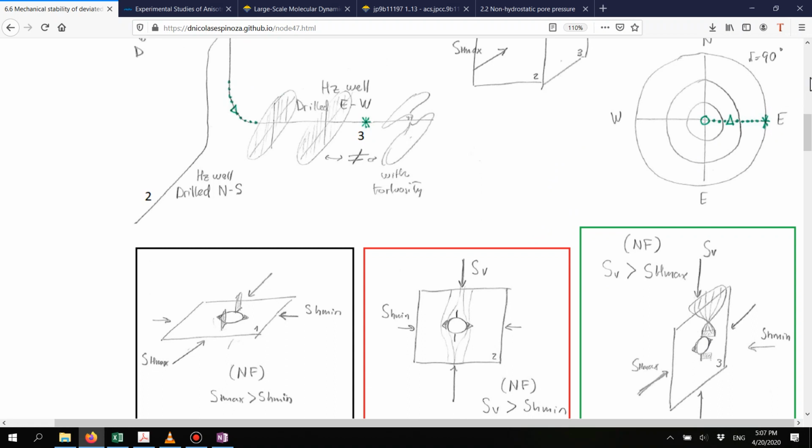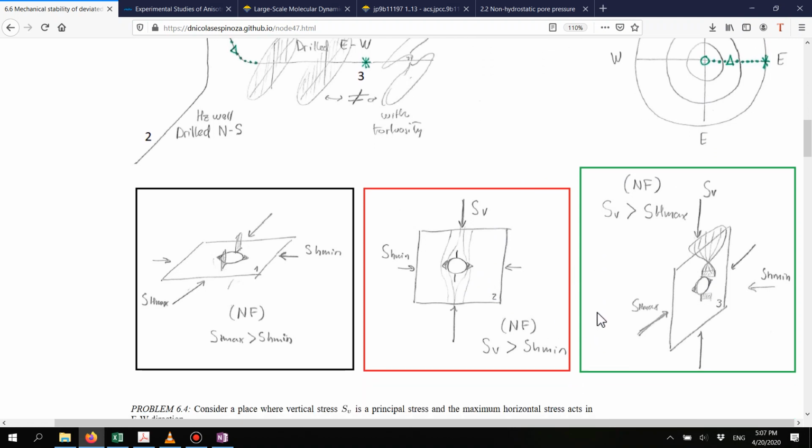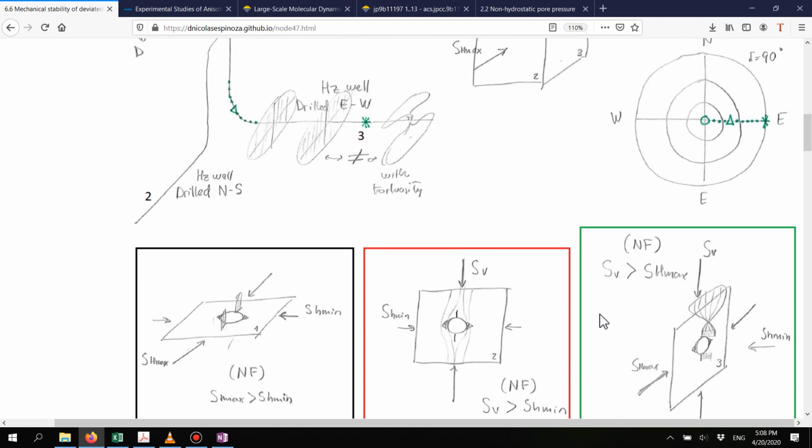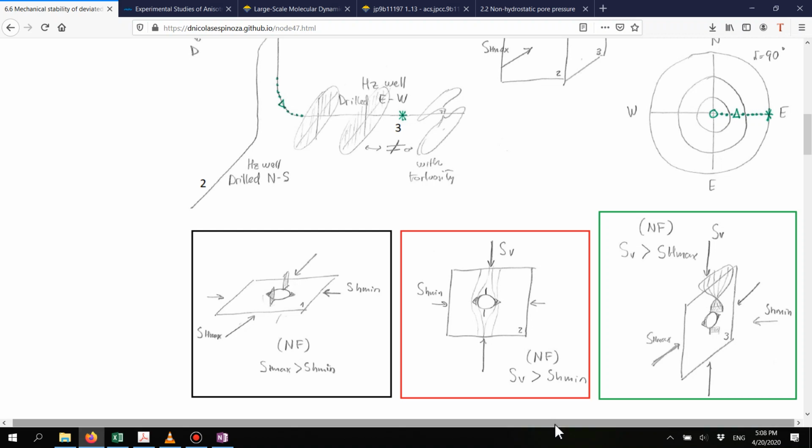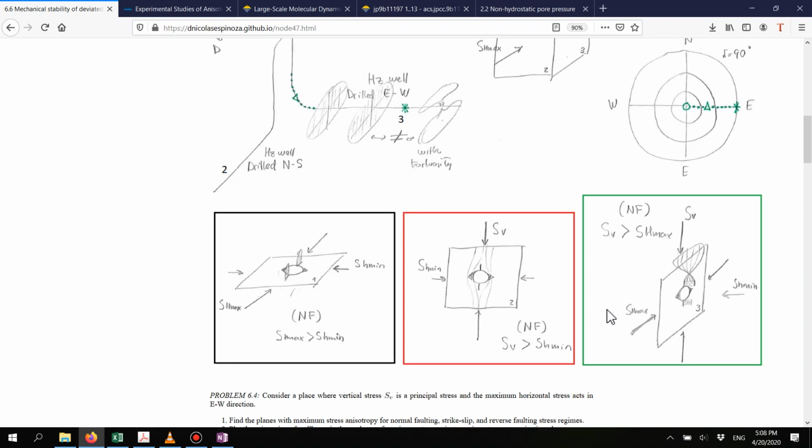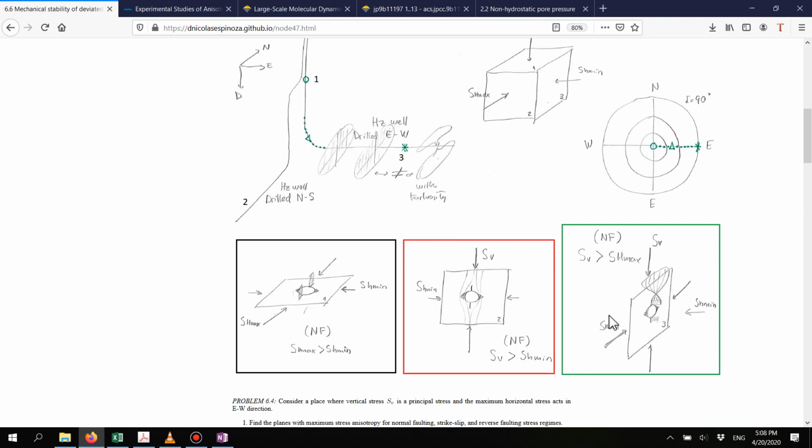And you can do the same with the Kirsch equations. You can use the Kirsch equations for these horizontal wellbores as long as they are aligned with one of the horizontal stresses. I'm going to ask you to be able to solve problems in which your horizontal wellbores are aligned with at least one of the principal stresses, because with those problems you can use the Kirsch equations that we have seen for vertical wellbores. You can extend that to a horizontal wellbore very easily.